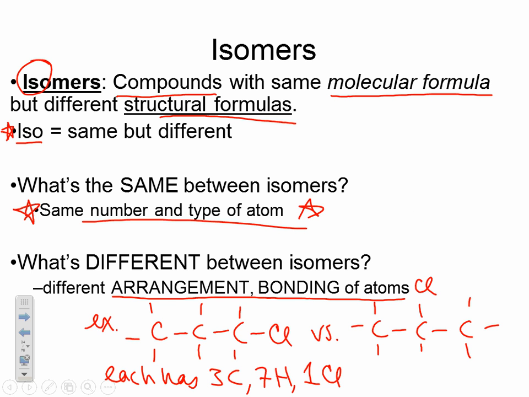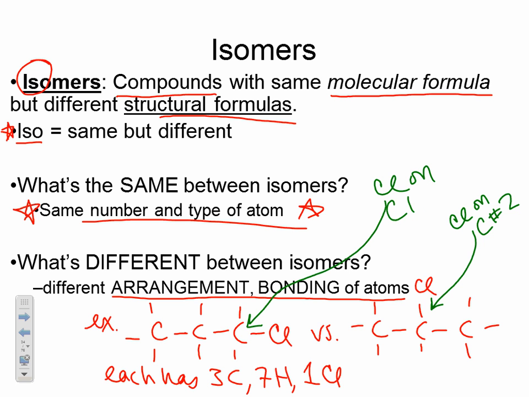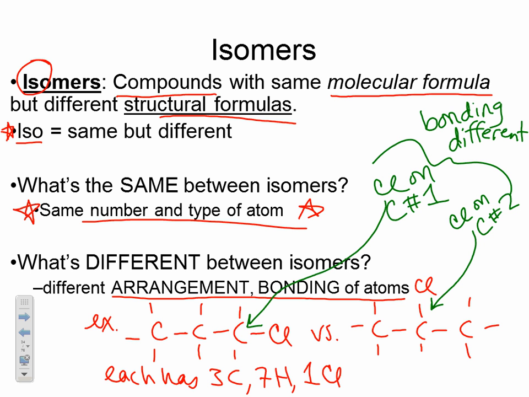But notice that in this one, the chlorine is on carbon number 2, and in this one, the chlorine is on carbon number 1. Yes, it's on the first carbon, because remember, you number your carbon chain so that your substituents are closest to the number 1 carbon. So the bonding is different. And that's an isomer. Same number and type of atoms, different arrangement of those atoms, different bonding of those atoms.